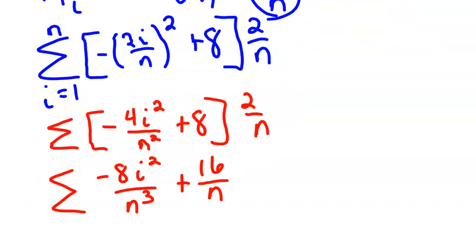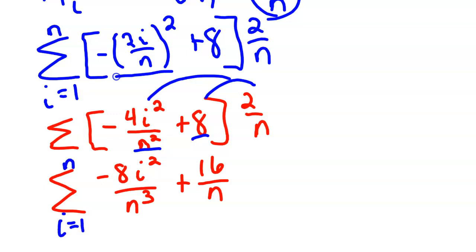So when we simplify that thing out now, we go ahead and square that. That's what we have here, plus 8. You distribute the 2 over n through both of those. And so now we're looking at this summation from i equals 1 to n. And again, we're going to go ahead and split this thing up. I'm going to split it off to the right here.